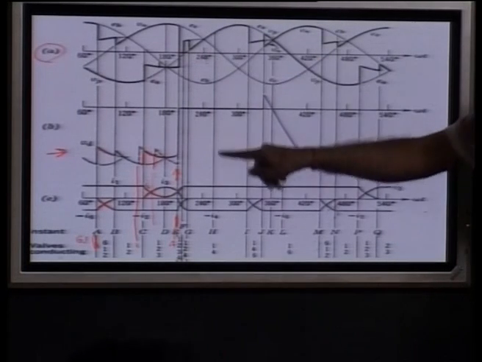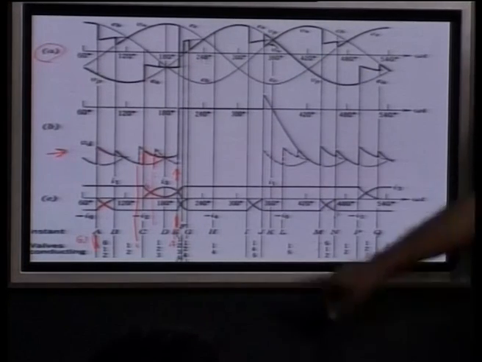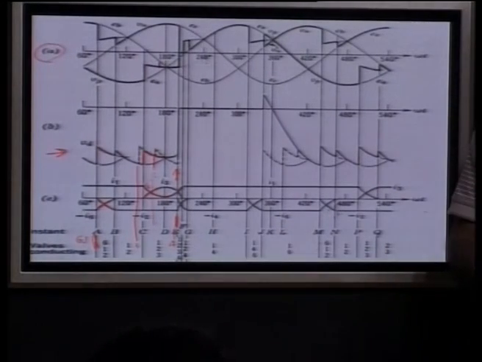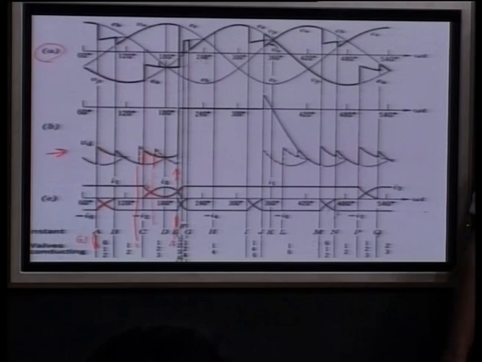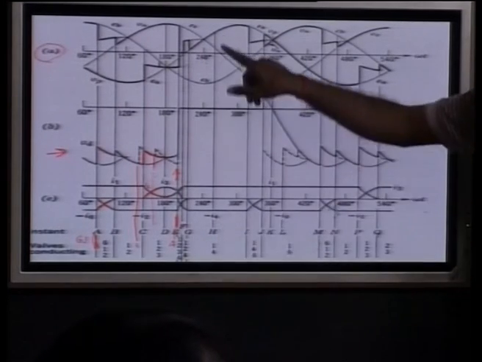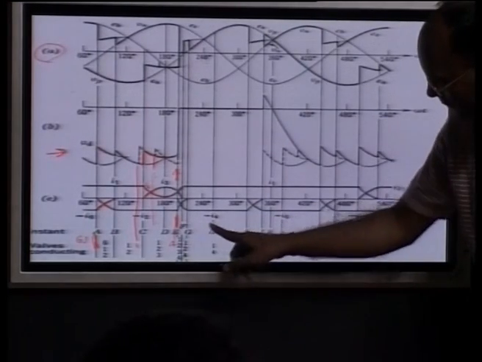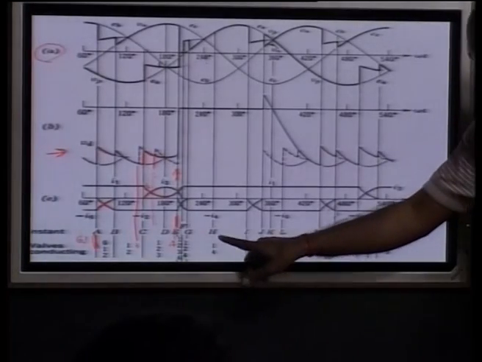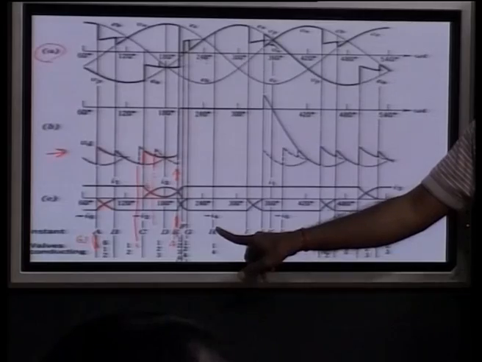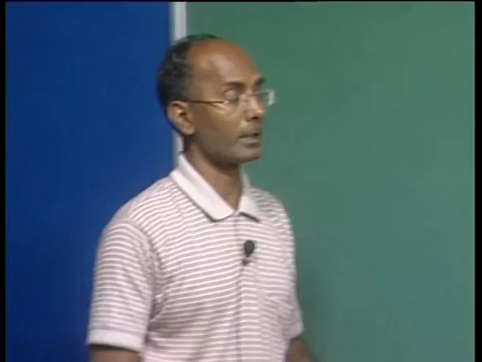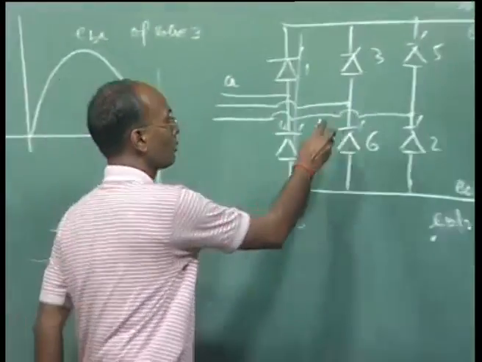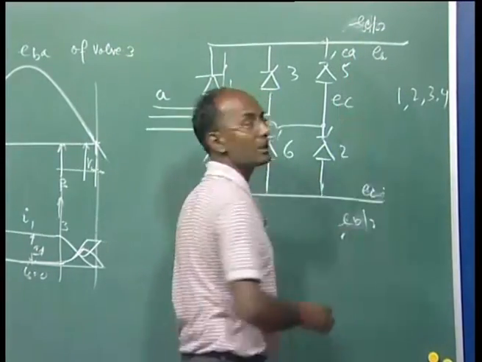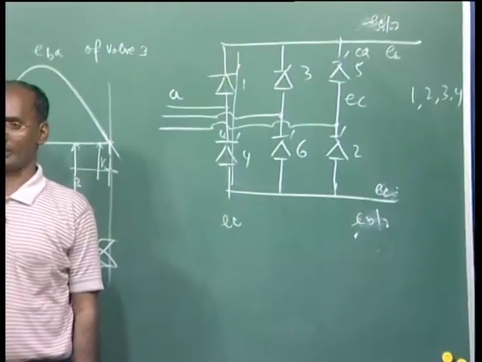Now at this point H, it is the turn of valve 5, because every 60 degrees we are giving the pulse, and 5 will be given the pulse at this point. Once 1 and 4 are conducting, this will be C and this is EA, so ECA must be positive, then only 5 will conduct.